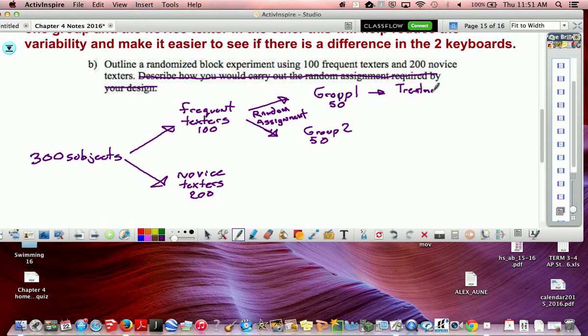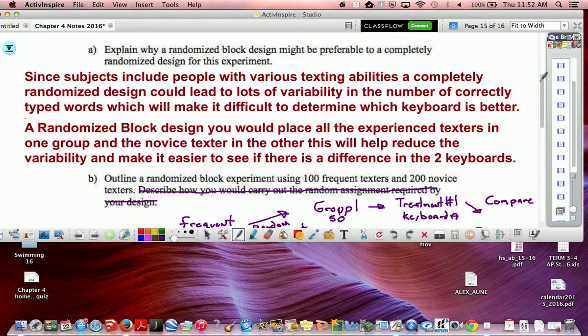Then we'll have treatment number 1, which might be keyboard A, and treatment 2, keyboard B. So then we want to actually compare, I think it was number of mistakes in 5 minutes?